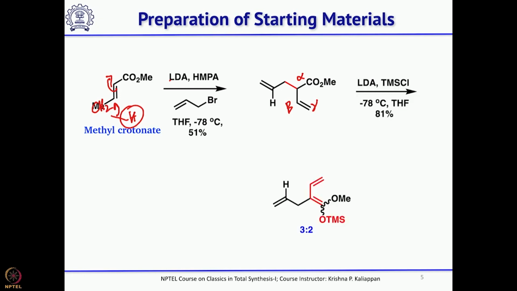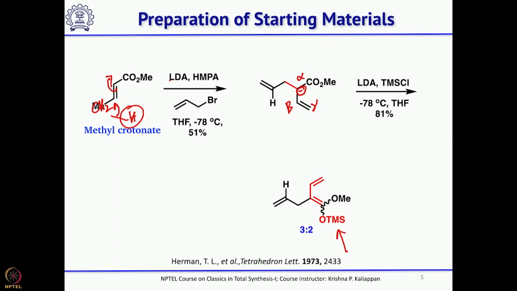This ester, as you can see, this proton is still acidic, isn't it? So you can generate an anion and quench with TMS chloride. So that will give you the corresponding diene which is required for the Diels-Alder reaction with juglone.